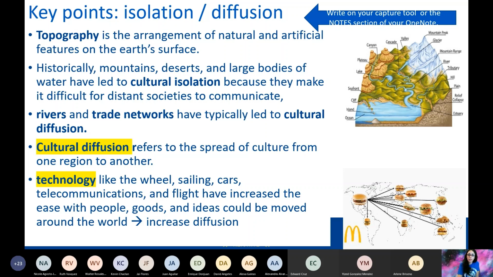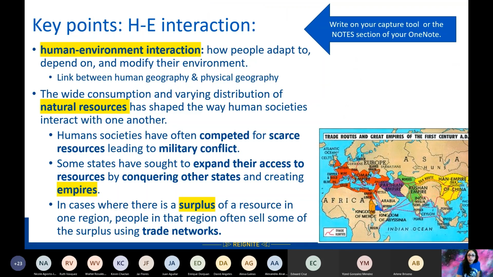They tend to lead to cultural diffusion, so the spread of culture from one place to the other. And as you'll see as we go through the history part of this course, over time, increasingly, technology increases diffusion, makes it easier for societies to communicate over long distances. And that started with the wheel, but it continued with sailing, cars, telecommunications, flights, all that good stuff.